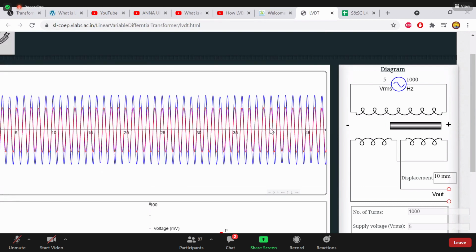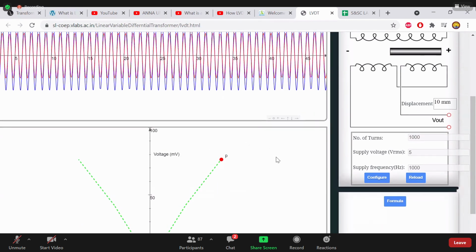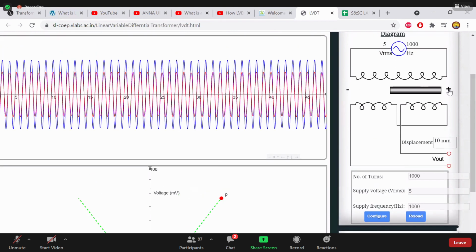Shape of the sine wave of input and output are same if you move towards right or if the output is positive. See, output is positive 75 millivolts. Maximum 10 mm is the highest displacement towards right.